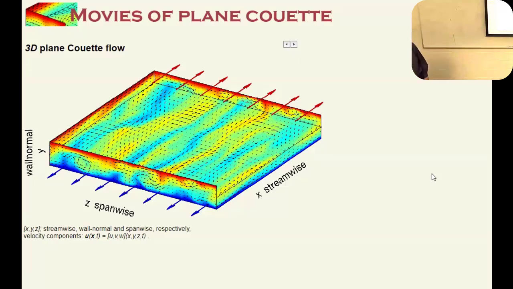Now, what this kind of experiment does is you start very slow, and what happens there is a classical 19th century solution where you move two sheets of plastic, or two infinite walls, against each other. That's what's called plane Couette flow.